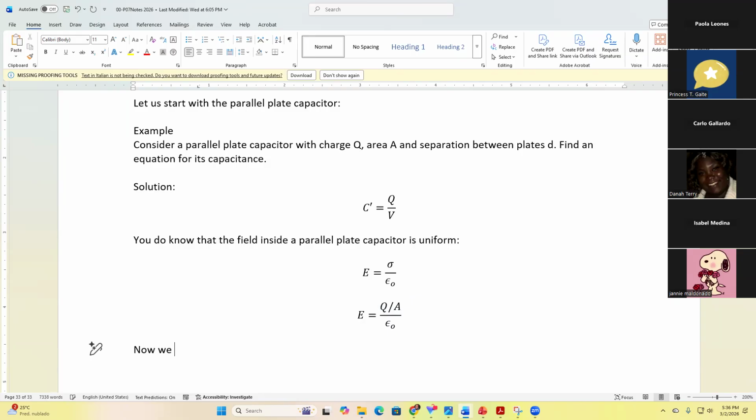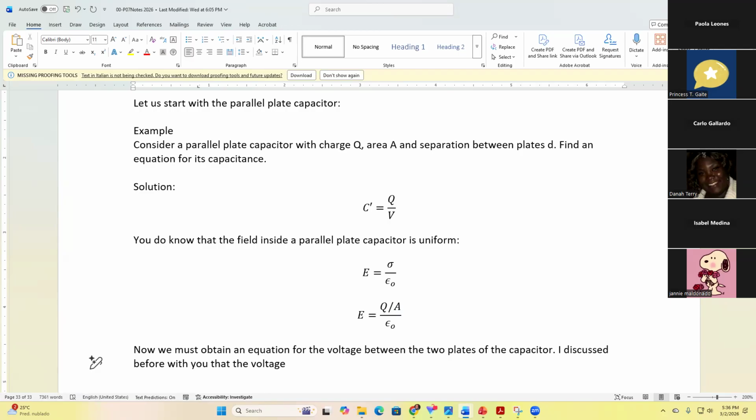Now, we must obtain an equation for the voltage between the two plates of the capacitor. Well, I discussed before with you that the voltage is directly proportional to the electric field.